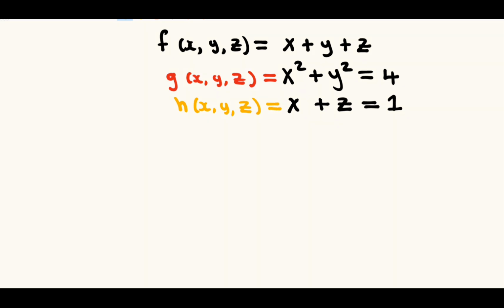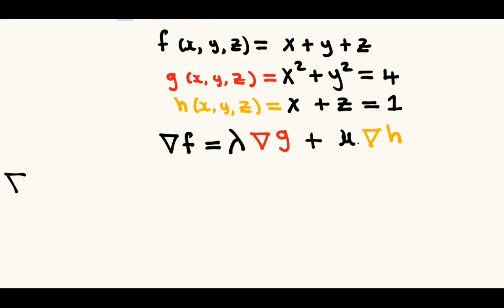We use the gradient method in order for us to determine the extreme values where delta f is equal to lambda multiplied by delta g plus mu multiplied by delta h.